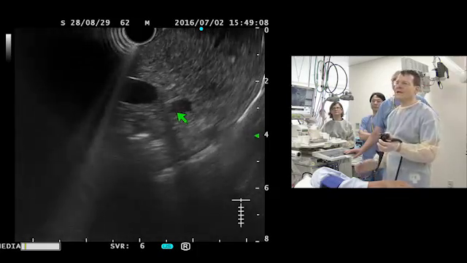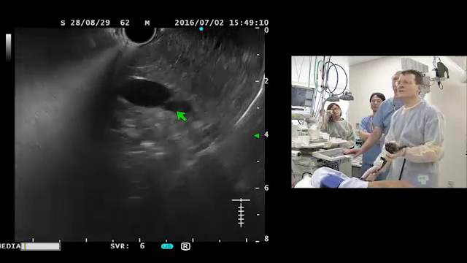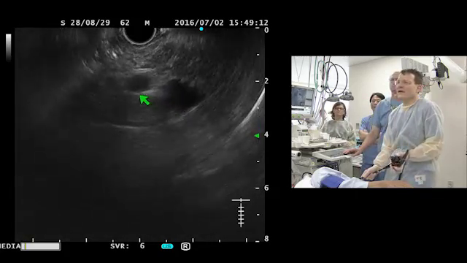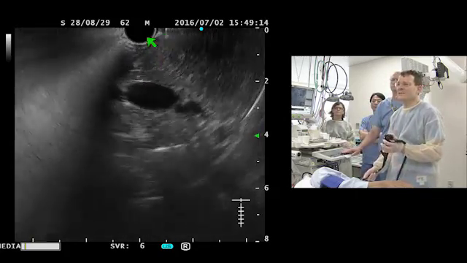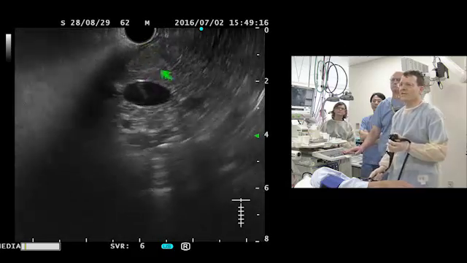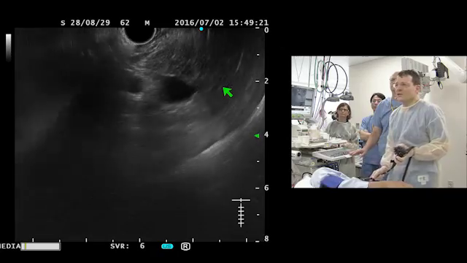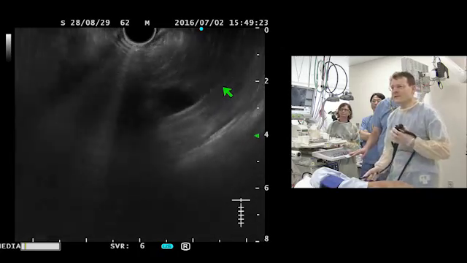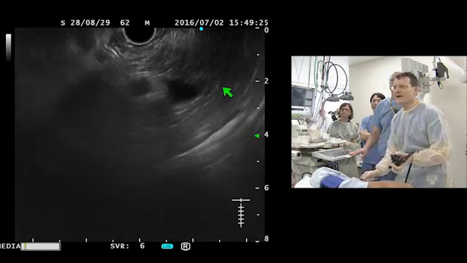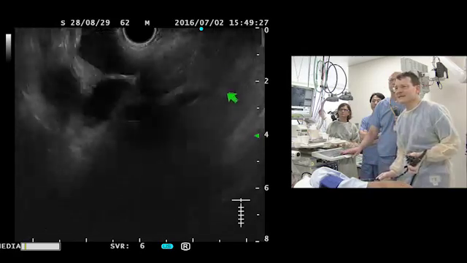I think in the area near the transducer we have the ventral pancreas, and in the area below we have the dorsal pancreas. So the next point I'm trying to do is to find the bile duct.